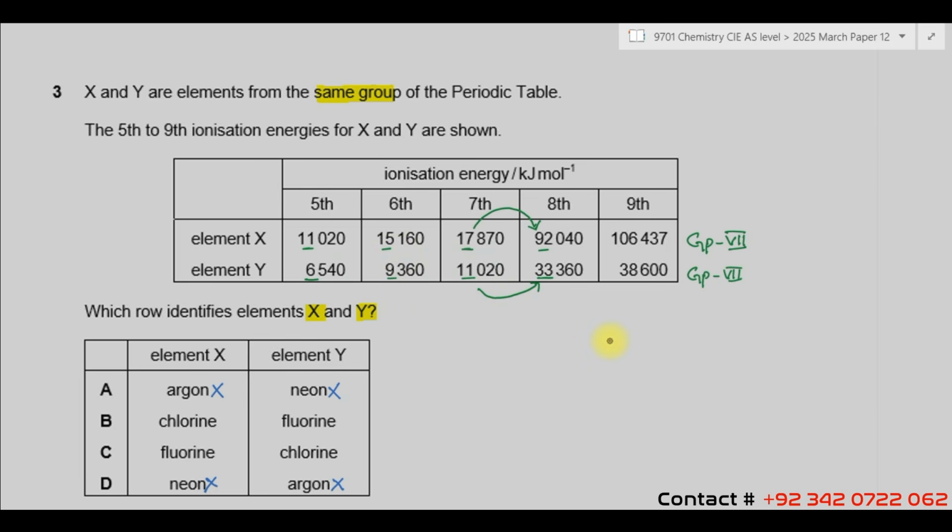Now we know that in group 7, as we move down, the size of atoms increases. Number of shells also increase. So the outermost electron becomes further from the nucleus. It is easier to remove the outermost electron. So ionization energy values decrease down the group.